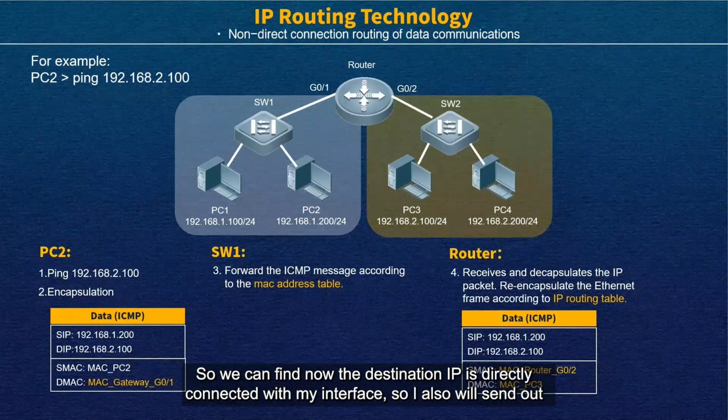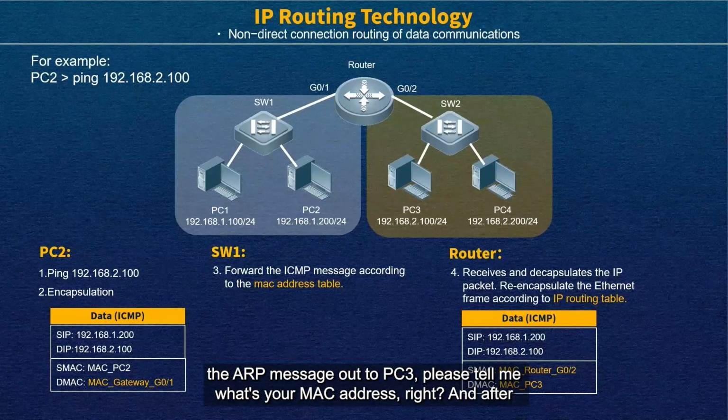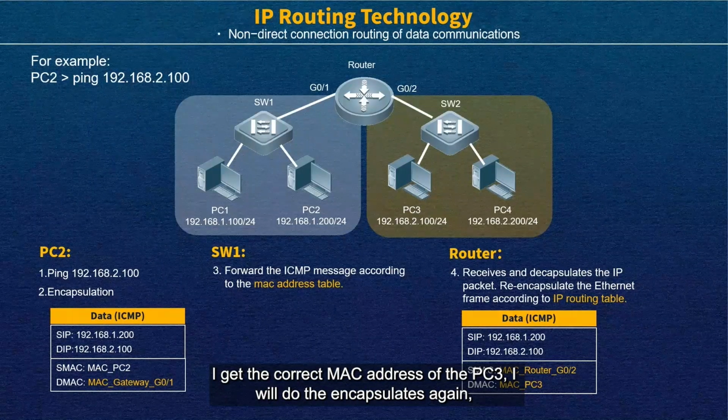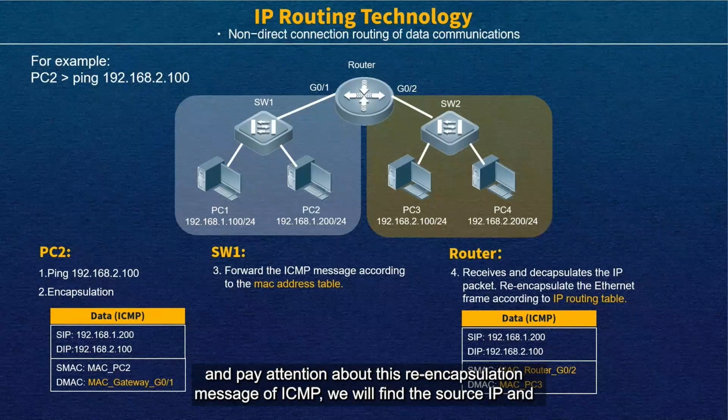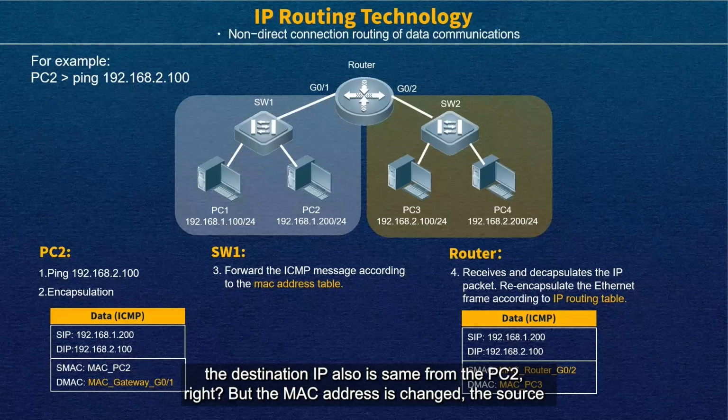So I will also send out an ARP message to PC3: please tell me what's your MAC address, right? After getting the correct MAC address of PC3, I will re-encapsulate the message. And pay attention to this re-encapsulated ICMP message. We will find the source IP and the destination IP are the same as from PC2, right? But the MAC addresses have changed.